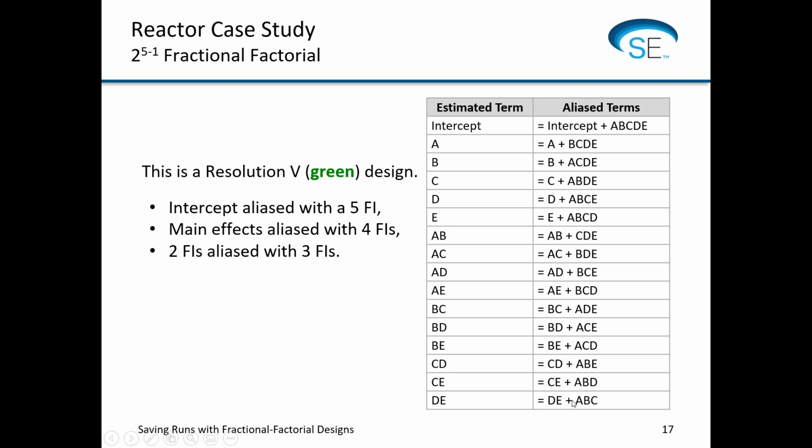So look, assuming again that 3-factor interactions are negligible, a green design can properly estimate both main effects and 2-factor interactions, meaning this would be a good design for characterization of a process. We would get all the information we need in a smaller number of runs than our full factorial design.